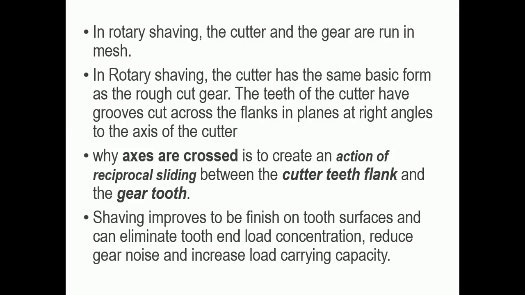The axes are crossed to create an action of reciprocal sliding between the cutter teeth flanks and gear teeth. So shaving improves the finish on the tooth surface and can eliminate tooth end load concentration, reduce gear noise, and increase load carrying capacity.